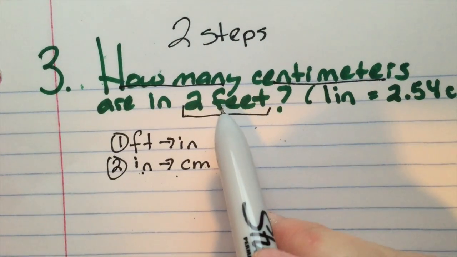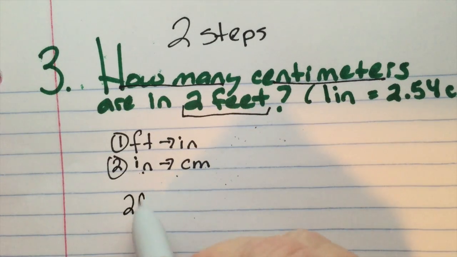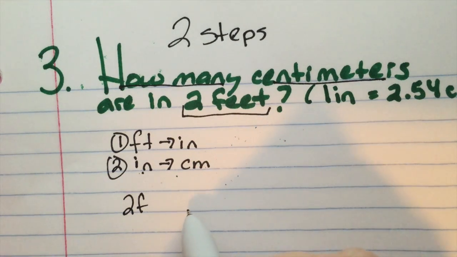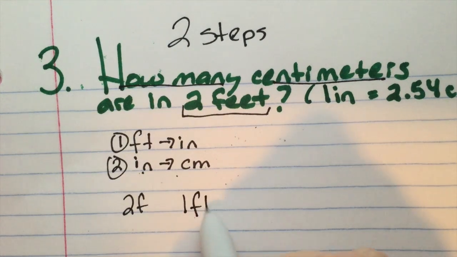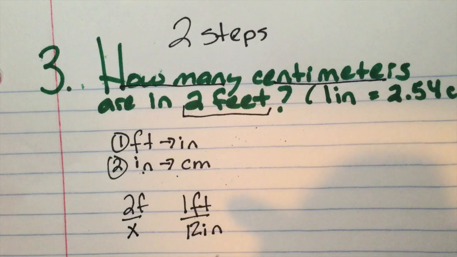So we start our problem off with 2 feet. And I know that 1 foot equals 12 inches. How many inches is equal to 2 feet? 2 feet equals x inches. 1 foot equals 12 inches.